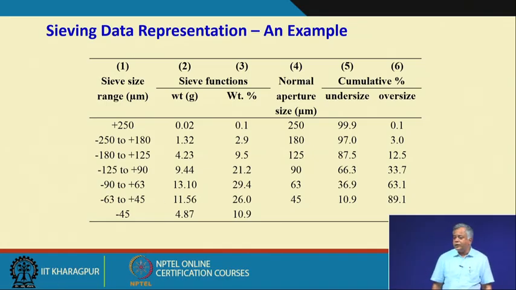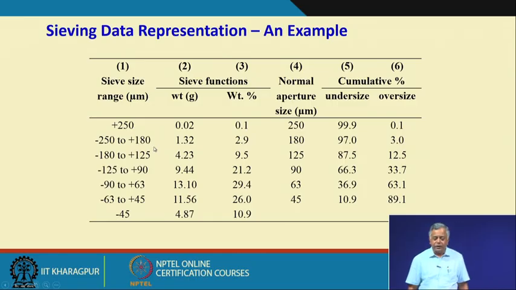But I can always use different means also. I can take a mean of this minus 250 plus 180, that means 250 plus 180 is 430, divided by 2 it is 215, I can write that also. But then I have to mention what I mean by this size; although it is sieve size, you should say that this is the mean size.